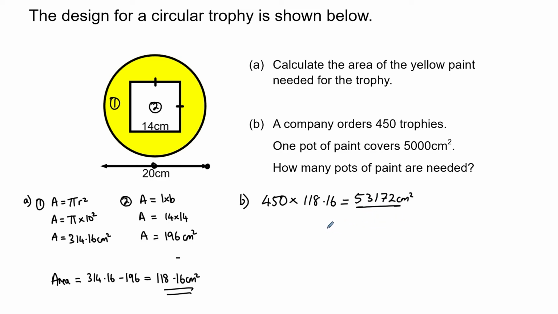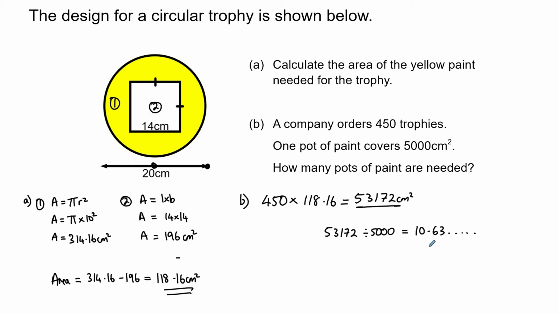So 53,172 divided by 5,000, to find out how many 5,000s go into this, gives us 10.6344 dot dot dot. Now, that means we need 10 point something pots of paint.